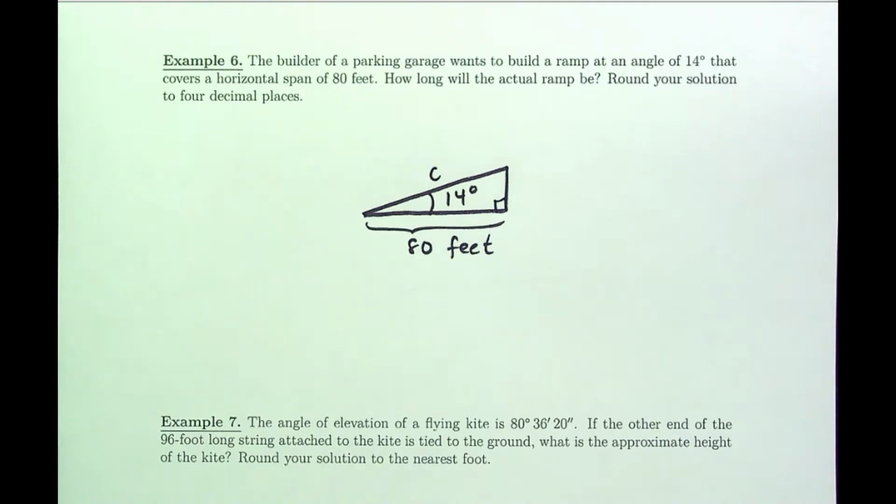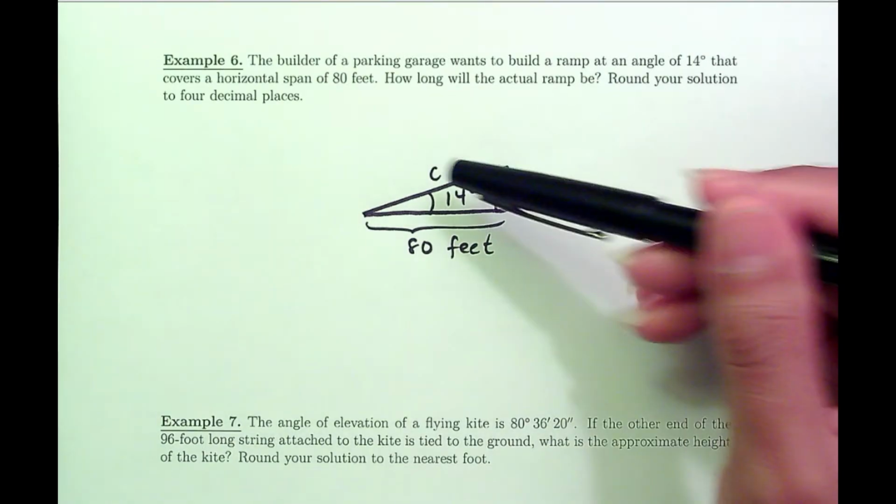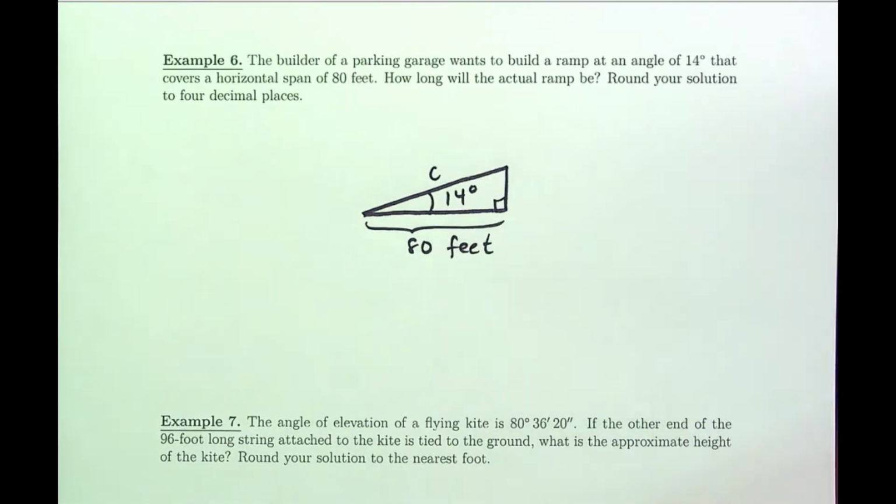Well, at this point, now that you have a right triangle, you can use trigonometry. You have to think which of the trigonometric functions, and you're going to focus on the basic three that we introduced, sine, cosine, or tangent. So the three functions from SOHCAHTOA. Which of those three functions relates these three numbers?